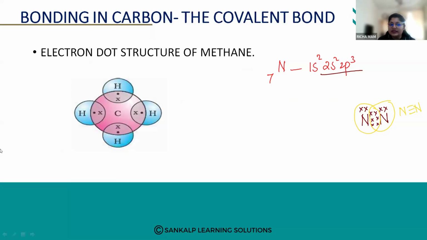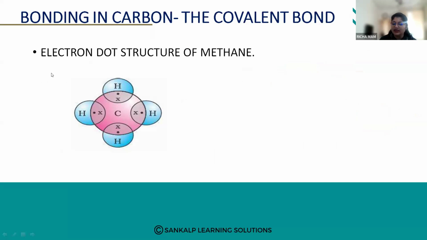We have seen the electron dot structure of methane; just now I have explained it. Carbon has atomic number 6, hydrogen 1. Carbon is 1s2, 2s2, 2p2 and hydrogen is 1s1. When we write carbon, how many valence electrons? 4: 1, 2, 3, 4.